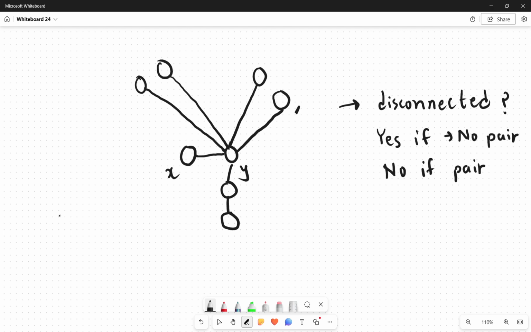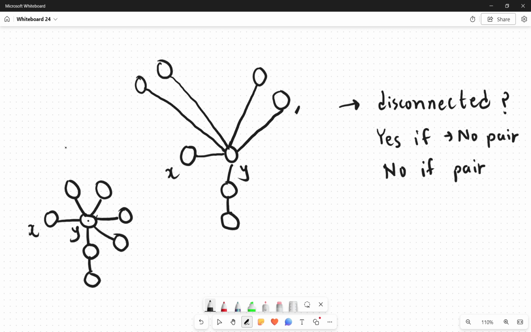So finally it will look like this: x, this is your y, two nodes hanging from y, and this node is y. Is this a tree? Yes, it is a tree.